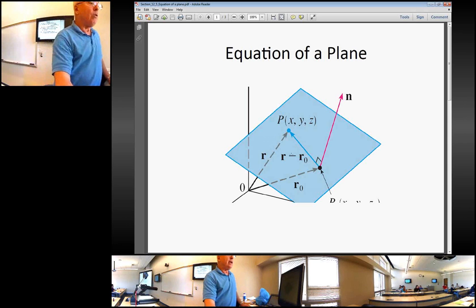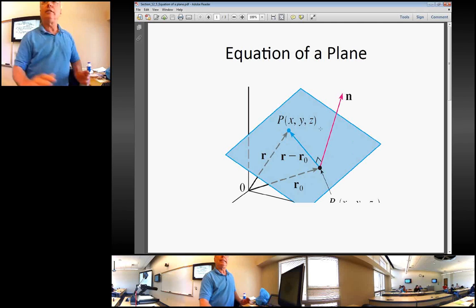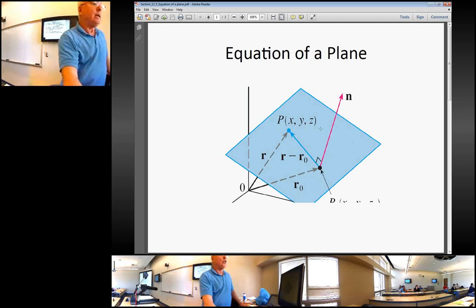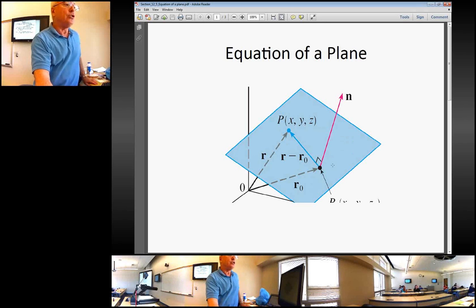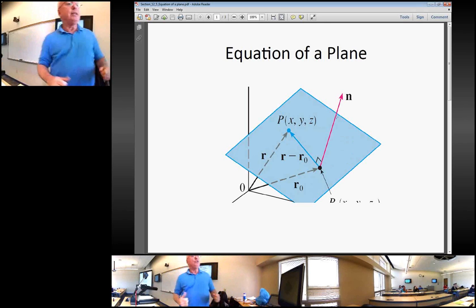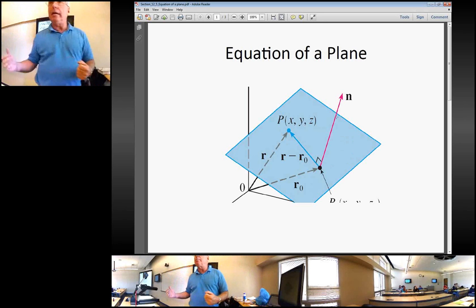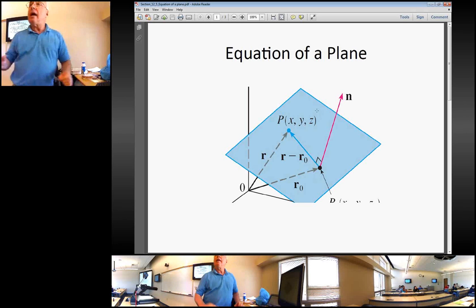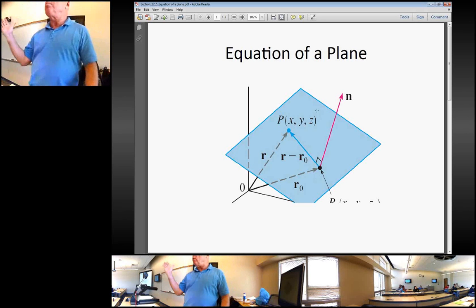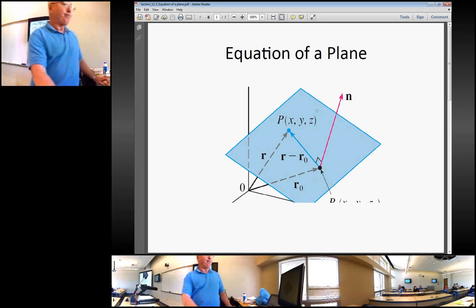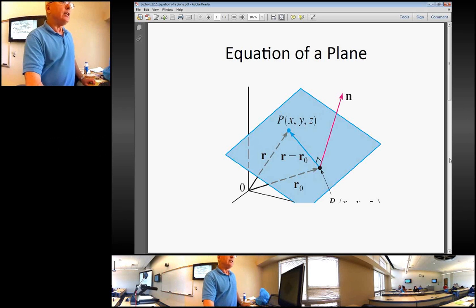And this vector, which sits right on the plane, is going to be perpendicular to that red normal vector. And we can do this with any point on the plane. Pick any single point, draw a vector from the given point to it. That vector is going to be perpendicular to that normal vector. Okay?